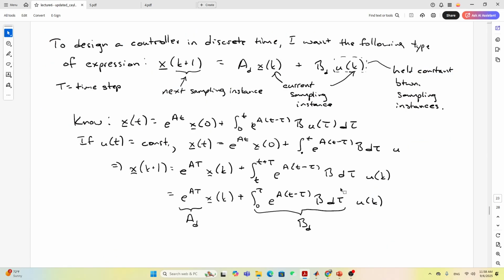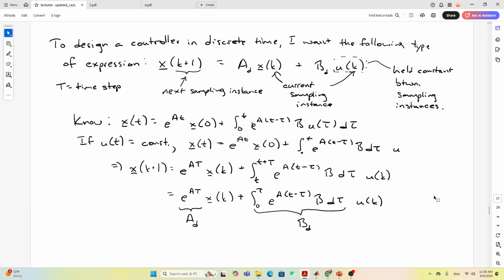In the last lecture, we have this matrix exponential, but to design a controller in discrete time, we would like to have the following type of expression. Instead of x(t), we now use the discrete time sampling instances: x(k+1) equals A_d times x(k) plus B_d times u(k).